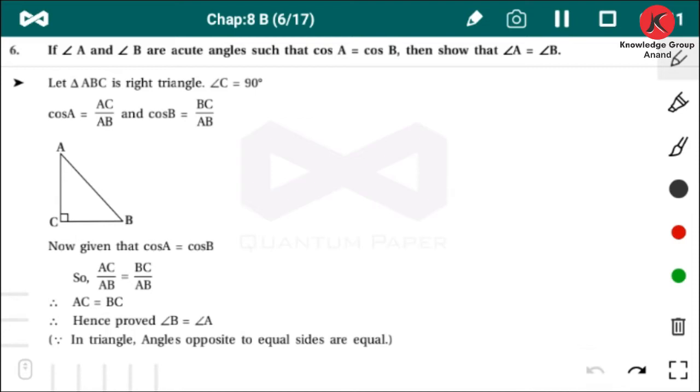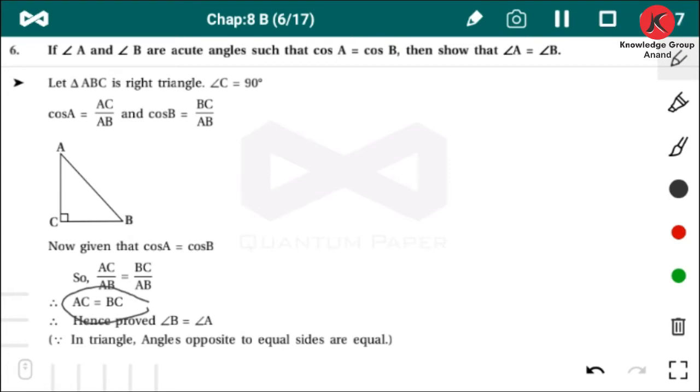Again, in triangle ABC, angle C is a right angle. Cos A is adjacent upon hypotenuse, AC upon AB, and cos B is equal to BC upon AB. We are given cos A is equal to cos B. Therefore, AC upon AB is equal to BC upon AB, so AC is equal to BC. In a triangle, if two sides are equal, their opposite angles are also equal.